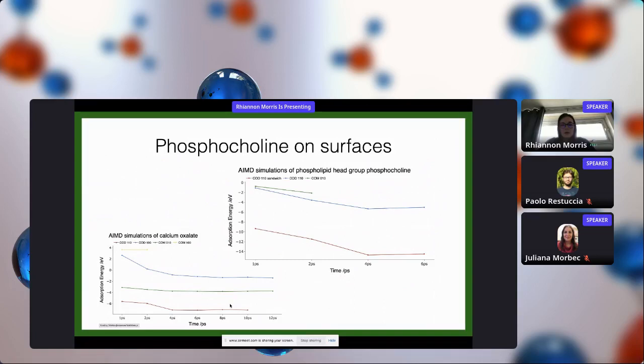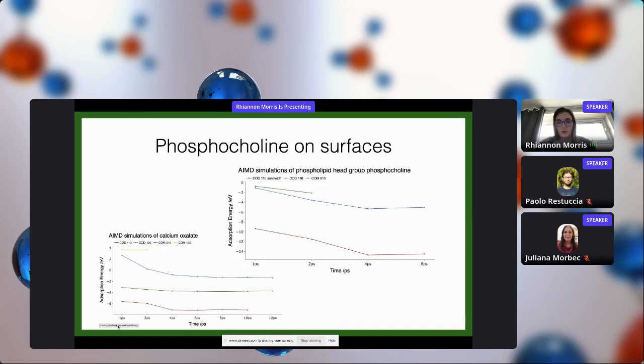So when I compare this data to the growth we modeled, you can see in the bottom left of this screen the diagram which I showed at the start, which was the simulations of the calcium oxalate binding to the surfaces and simulating the growth. And then we have this phospholipid data on the top right.